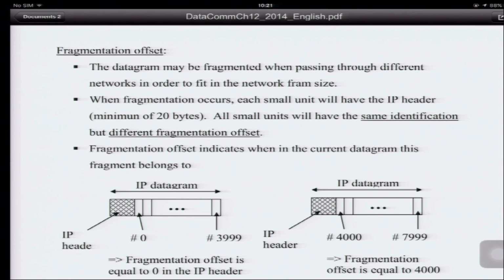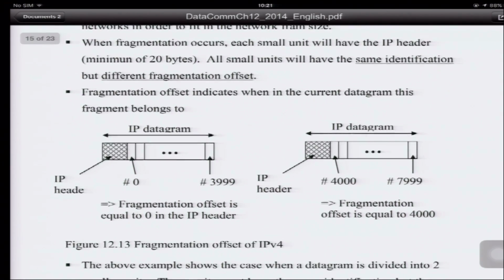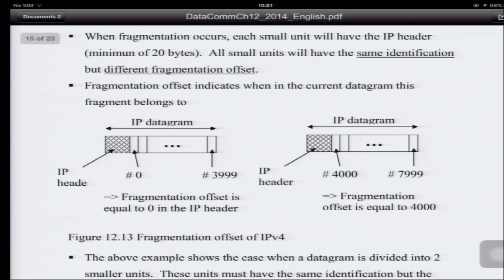Now when the fragmentation occurs, each of the small units will have the IP header, which has a minimum of 20 bytes. This is again in IPv4. So the IP header is the same for every datagram. And all of the small units also will have the same ID, but different fragmentation offset.